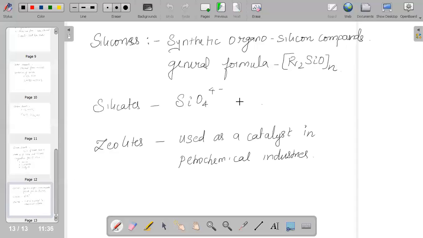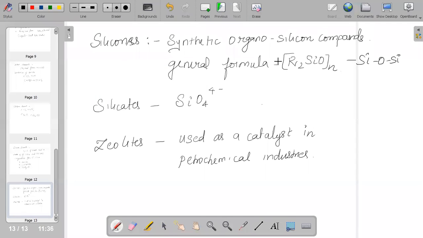The next one is silicones. They are synthetic organosilicon compounds with the general formula (R2SiO)n, held together by Si-O-Si linkage.